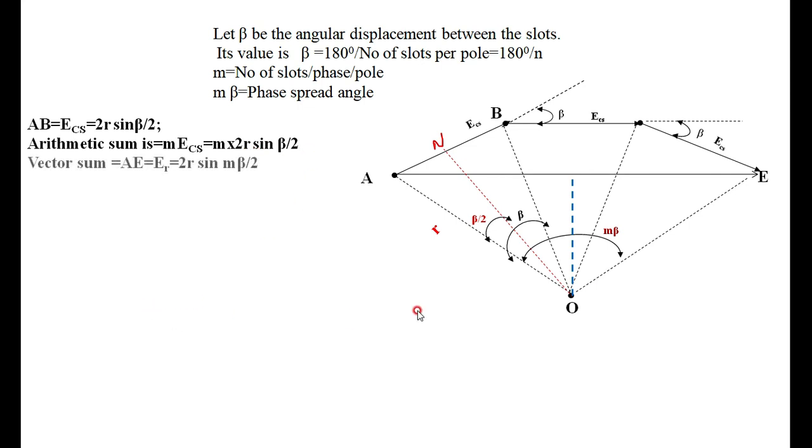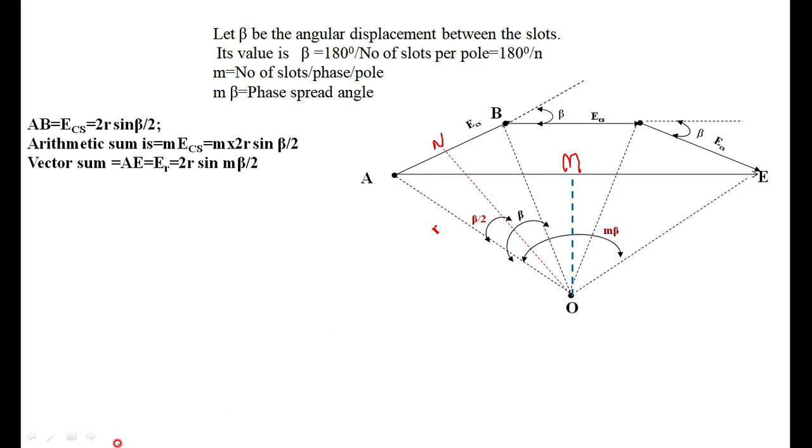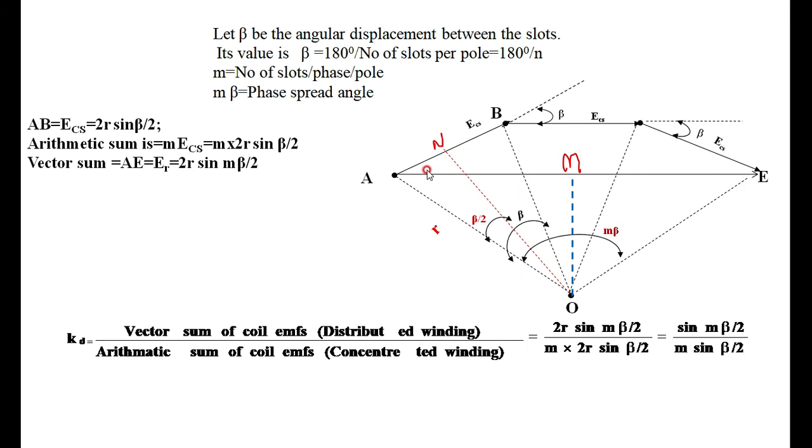Then, from the other triangle AEO, taking an intermediate point here as M, from triangle AMO once again you can calculate the value of AE.